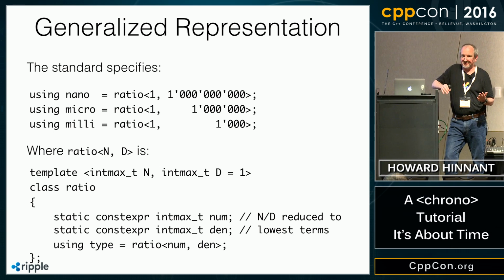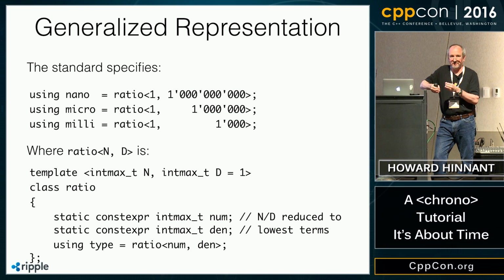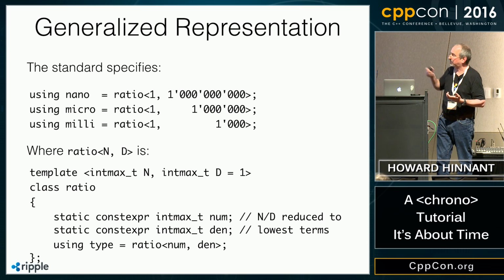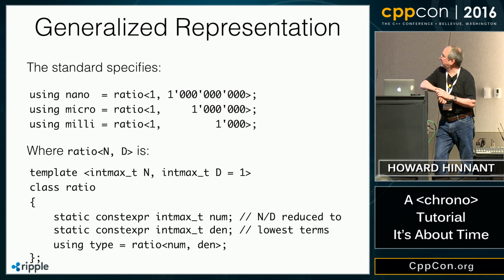And all ratio does is it takes its template parameters and reduces them down to lowest terms. And then you can use this to represent your compile time fraction. In addition, the standard specifies that we have these predefined ratios. This is 1/1,000,000,000, 1/1,000,000, 1/1,000. So these are just really the SI units, milli, micro, and nano.